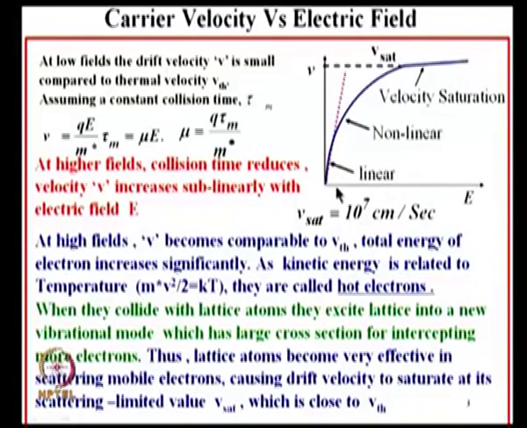So, what happens is, if I keep on increasing the electric field, initially it is linear, then non-linear because the collision time decreases, and finally the velocity saturates because all the energy that is acquired within that collision time is lost to the lattice.